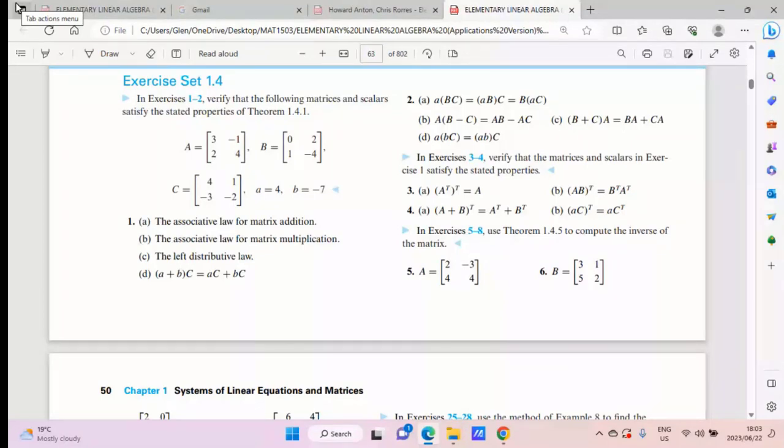Let's multiply AB first, then we multiply AC, then we add them. What did you get when you multiplied AB? I got -1, 10 for the first row, and then 4 and 12 for the second row. You're supposed to get a negative.